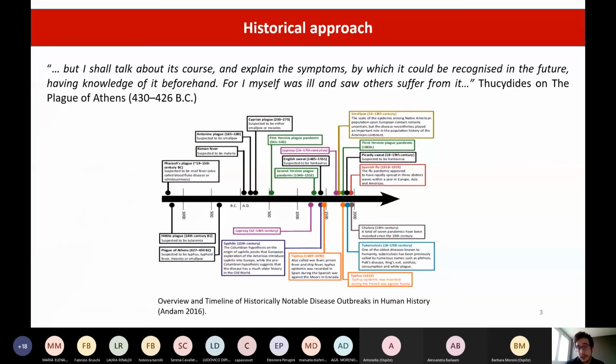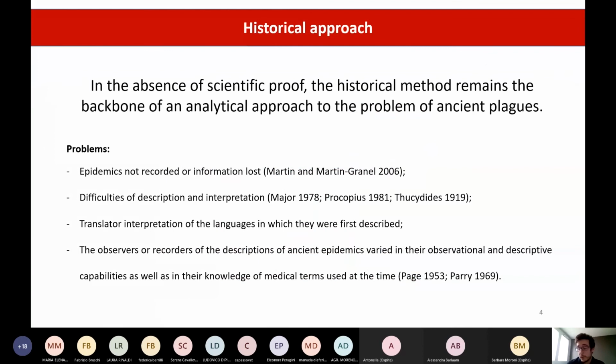Until 30 years ago, the only way to study ancient epidemics was through a historical approach, so studying texts written by people that lived during epidemic times. This approach is very important, but has some major problems.